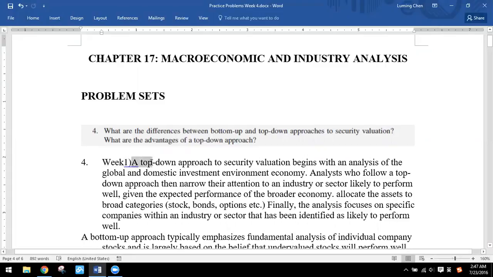So in detail, a top-down approach is to analyze the global and domestic investment environment, which is the macroeconomy, and the main focus is on industry and sector. Analysts who follow a top-down approach then narrow down their analysis of an industry or sector to a single stock, given the expected performance of the broader economy.